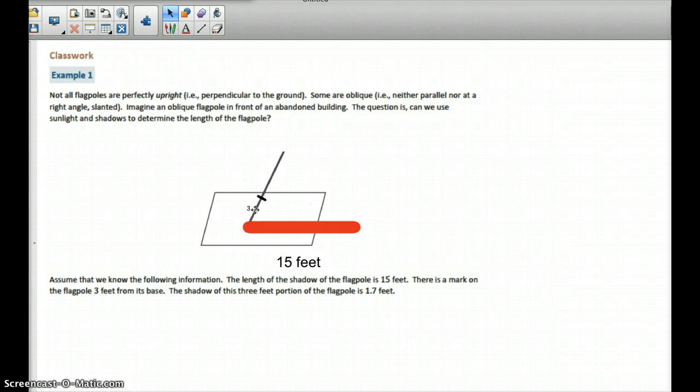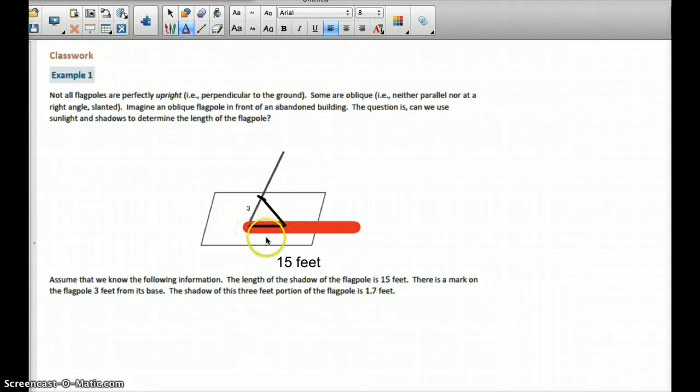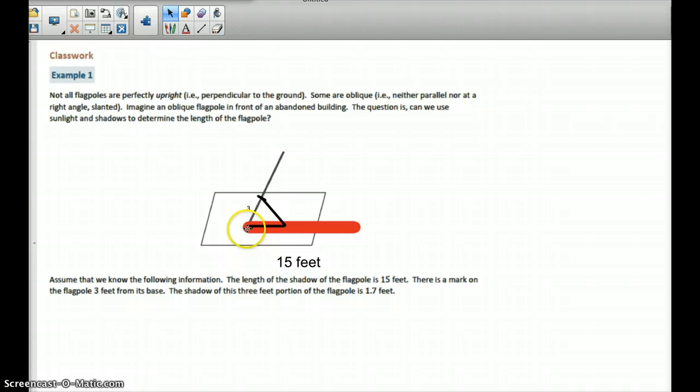Now, the shadow of this 3 feet portion of the flagpole is 1.7 feet. So, whatever this little mark, pretend the sun's coming from this direction, it's going to fall right in here. So if I just go ahead and complete this triangle right here, okay, I know that my distance right here, that line, is going to be 1.7. So I'm going to go ahead and label just this little section right here 1.7.